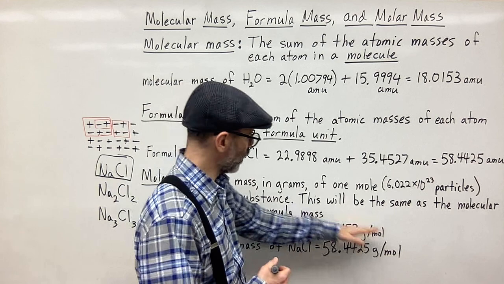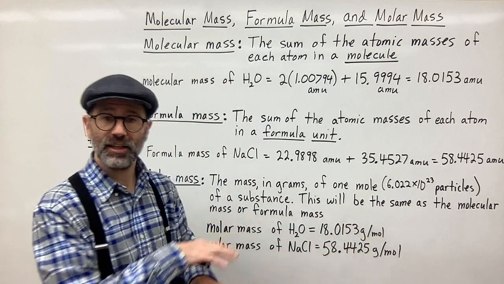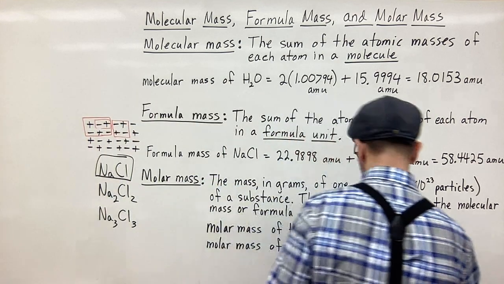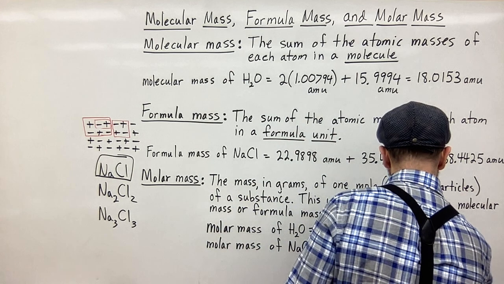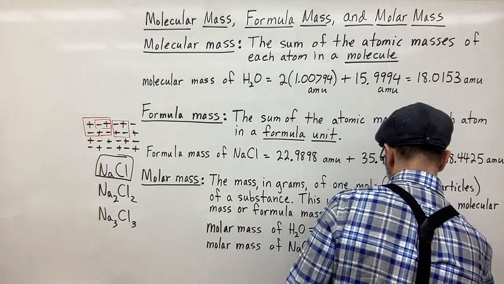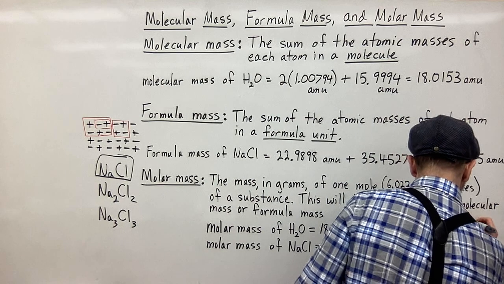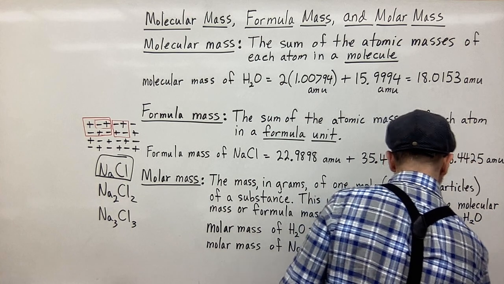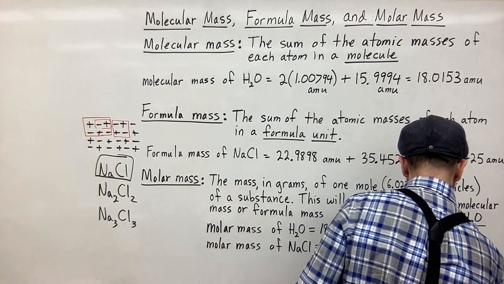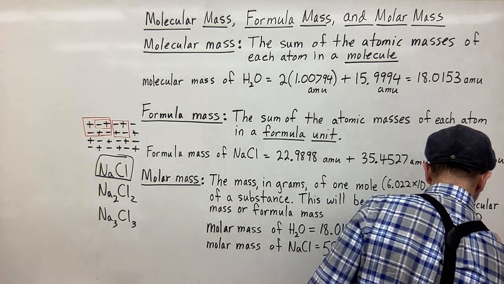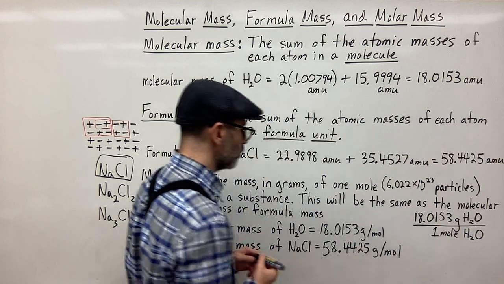So if I set this up like a fraction or a ratio, if you will, it would look like this. I'd have 18.0153 grams of water over 1 mole of water, right?